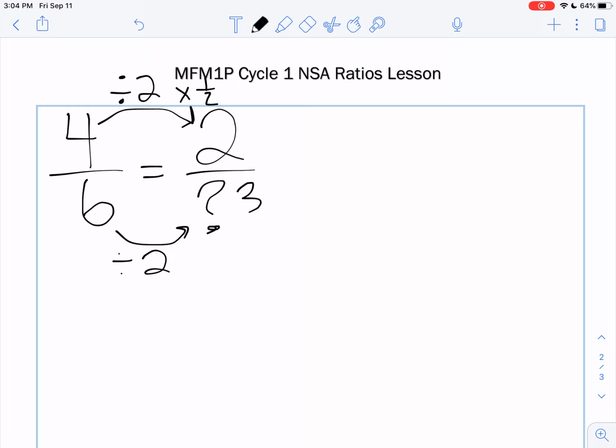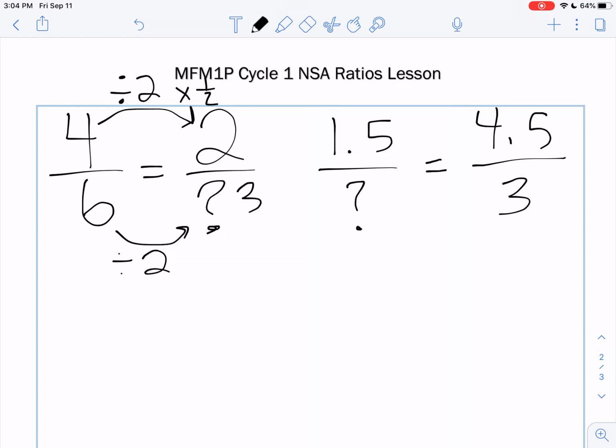What if I have something like 1.5 over question mark equals 4.5 over 3?